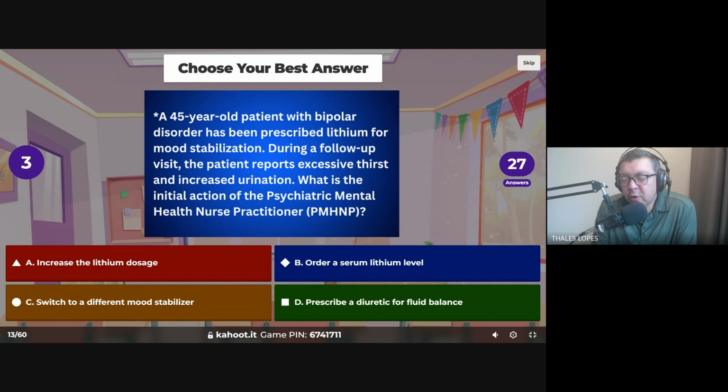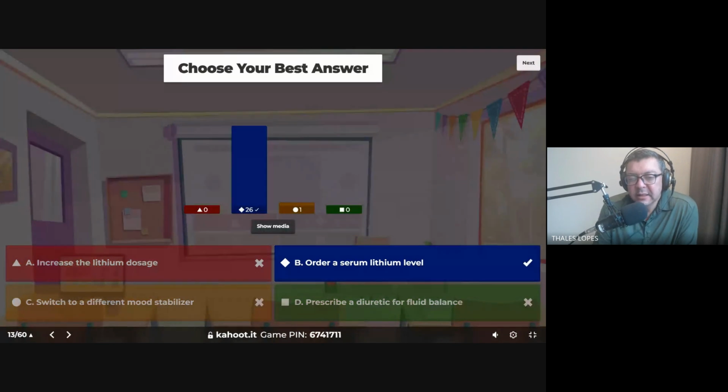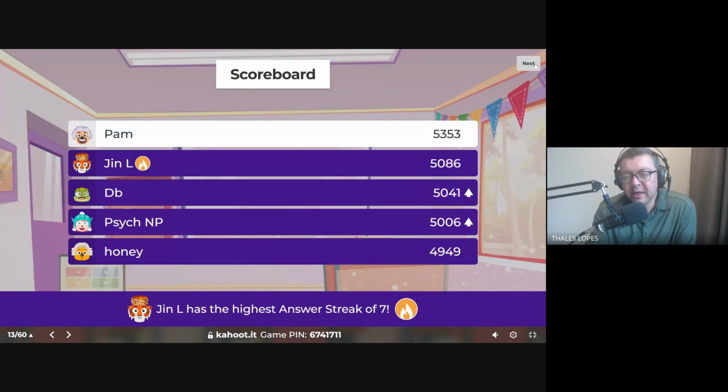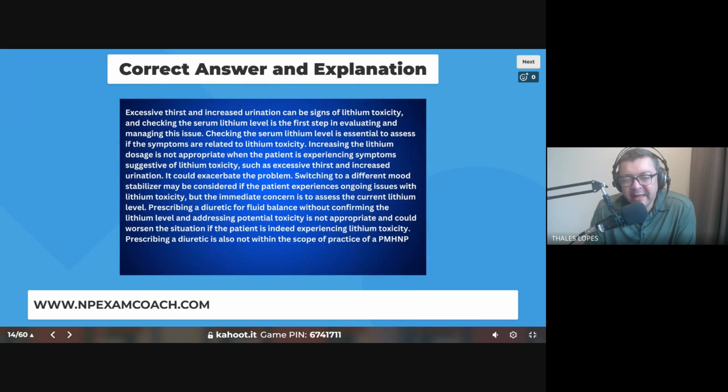Remember, on Kahoot, I can only put small sentences, so some of them will be incomplete and may not necessarily be the best choice, but it's the one that I could write down. So everybody got this correct. It was pretty straightforward, but nevertheless, all of you got it correct. So good job, excellent job.